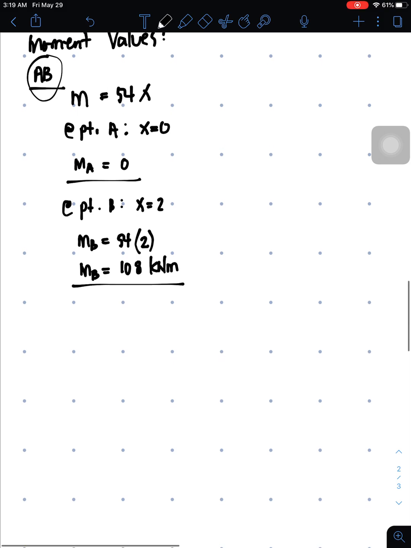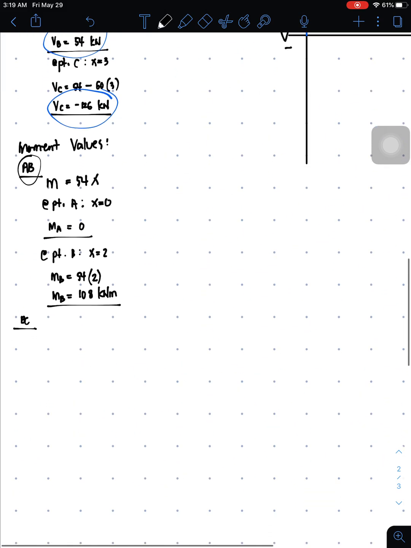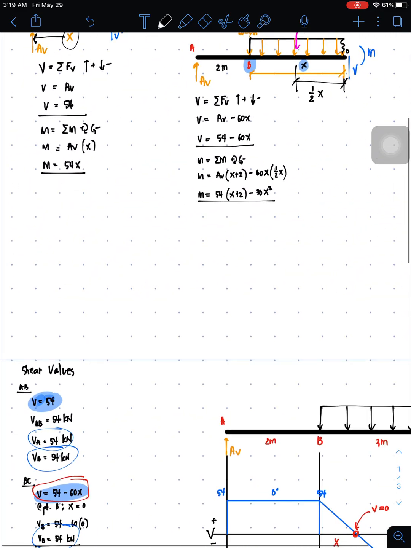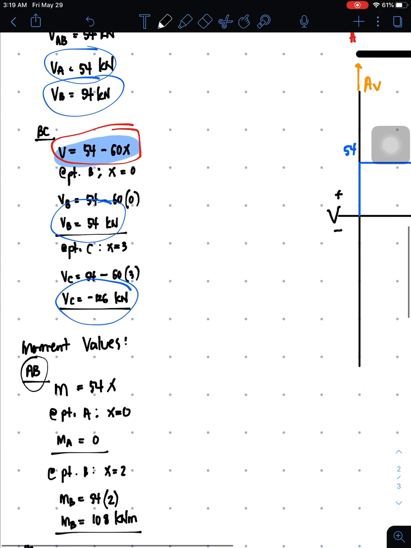Next, let's proceed to segment BC. So our equation for BC is this one: 54 times x plus 2 minus 30x squared.